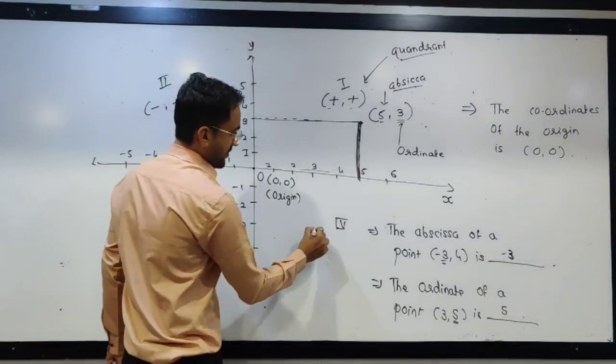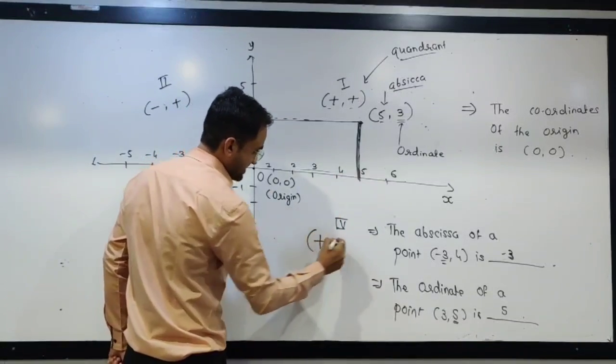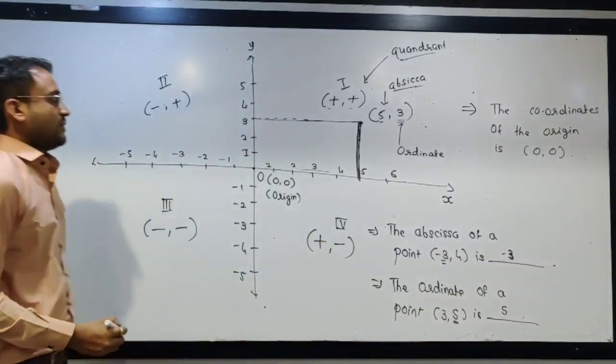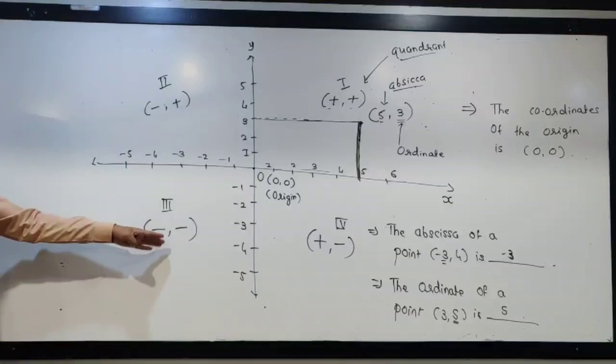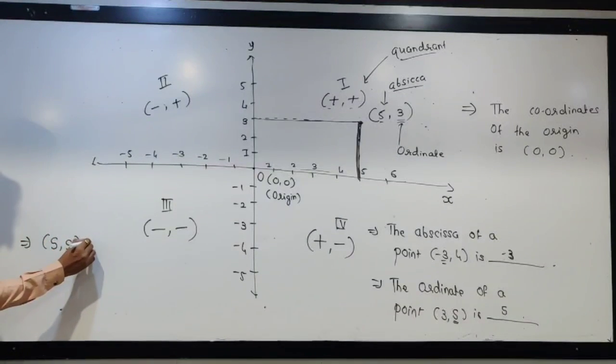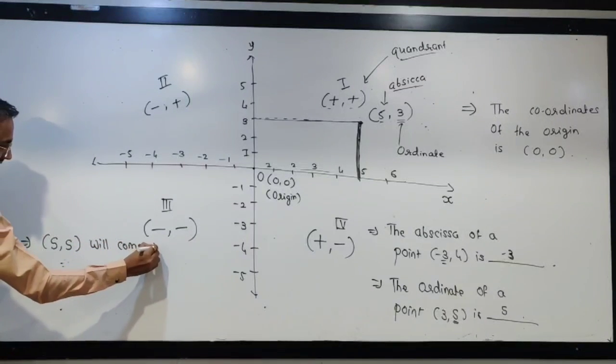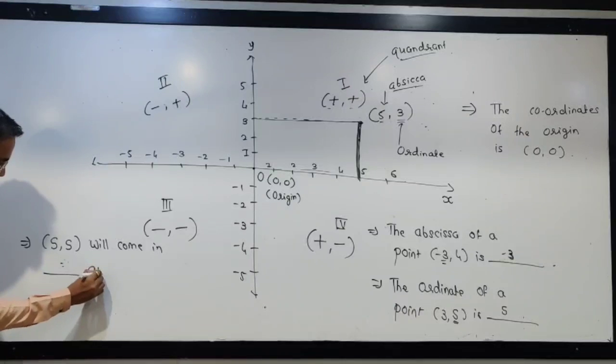And in quadrant 4, your x is plus, but your y is minus. So this type of points will come in this quadrant, right? If I ask a question like (5, 5) will come in dash quadrant.